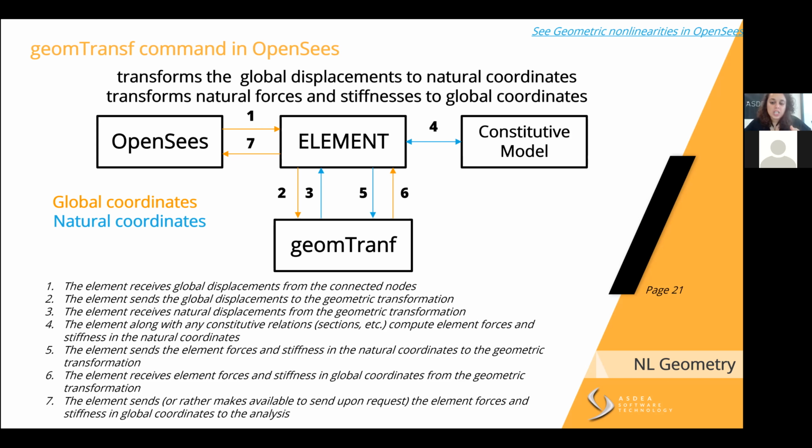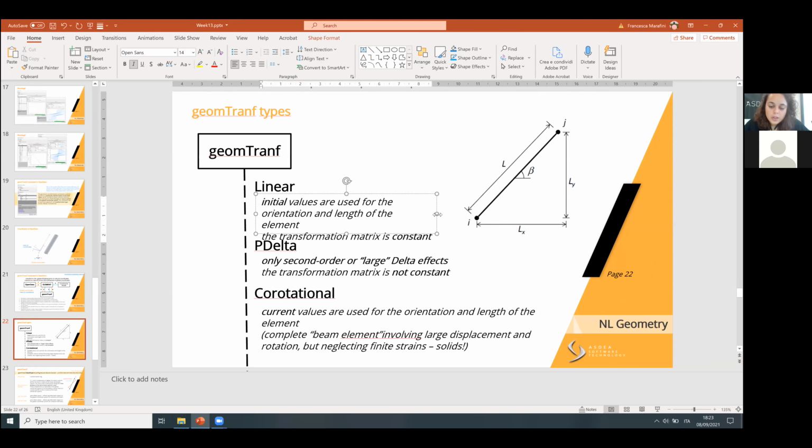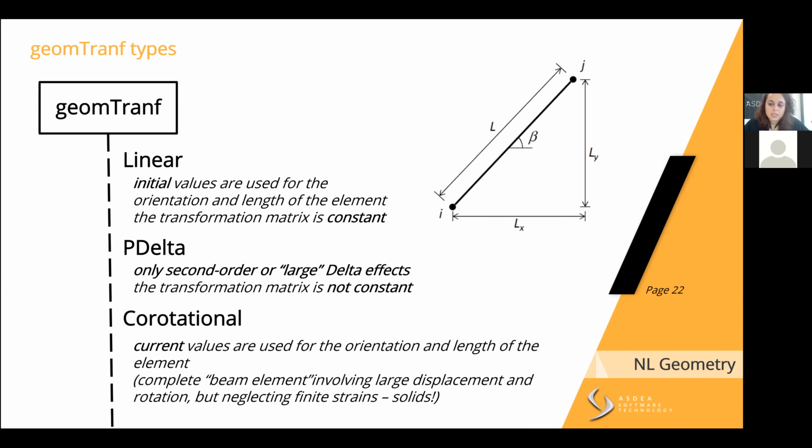So what changes if we are considering our element? What we want is to record the state of this element throughout our analysis. What can change in this kind of beam element?